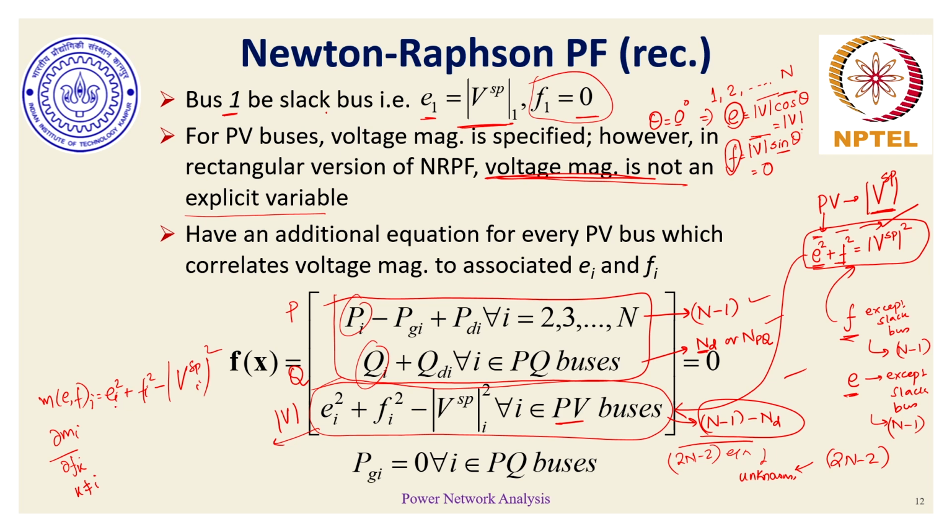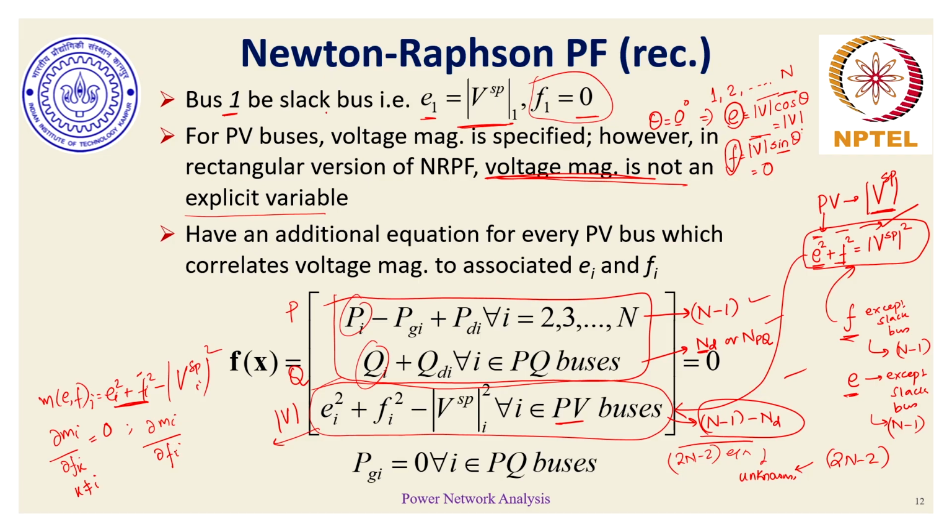Since Fk is not present here at all, it is only the imaginary component of that same bus which is present over here, so this derivative would always be 0.